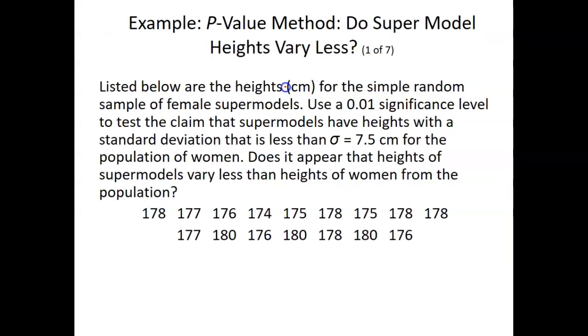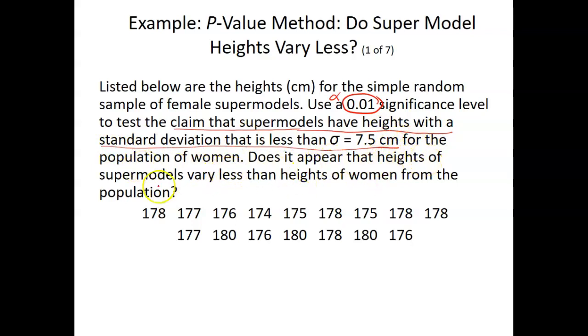All right, so I want to take a look at this data set here. Listed below are the heights for the simple random sample of female supermodels. We want to use a 0.05 significance level. So here is our alpha to test the claim. So here's our claim that supermodels have heights with a standard deviation that is less than 7.5 centimeters for the population of women.